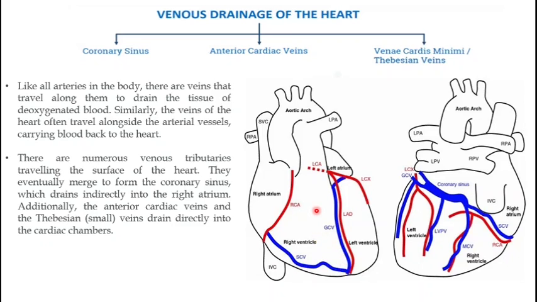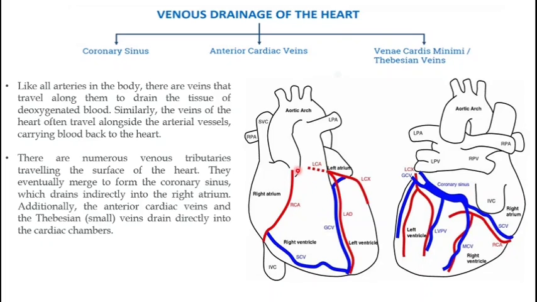So as you know, the heart is a pumping organ which supplies blood to all of the body, and the heart works continuously. So the heart needs a constant and continuous supply of oxygen-rich blood, so the heart works efficiently.